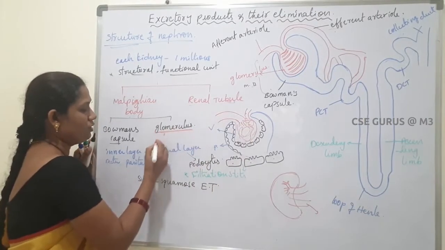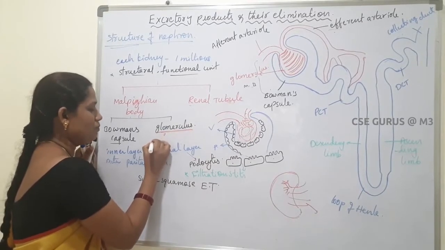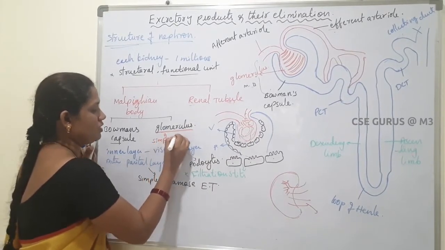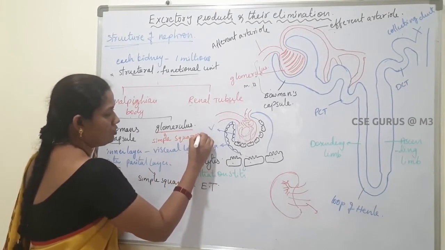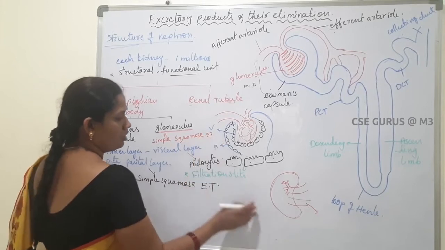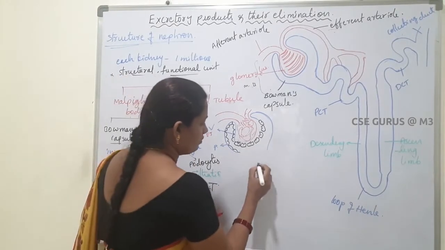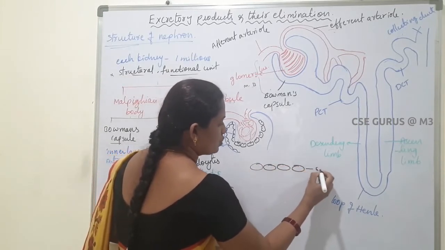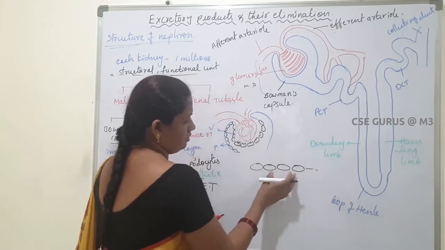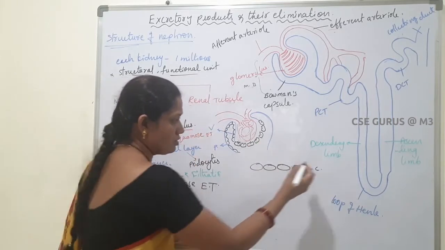The wall of the glomerulus is made up of simple squamous epithelial tissue. For example, here I am drawing the single layer: these are the cells of the glomerulus.